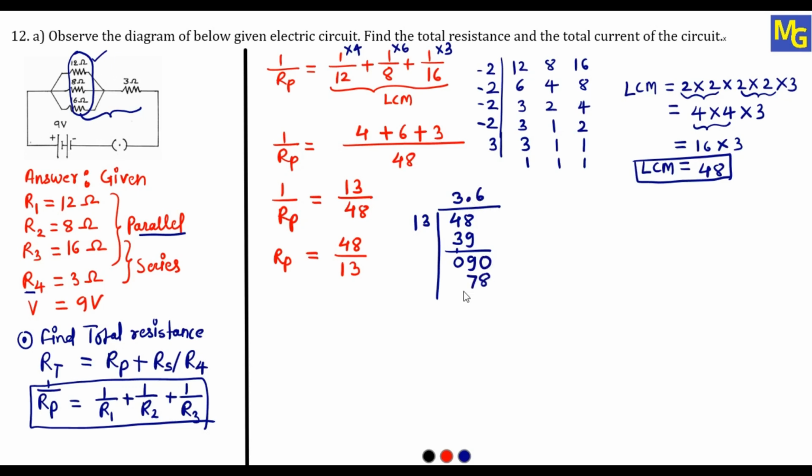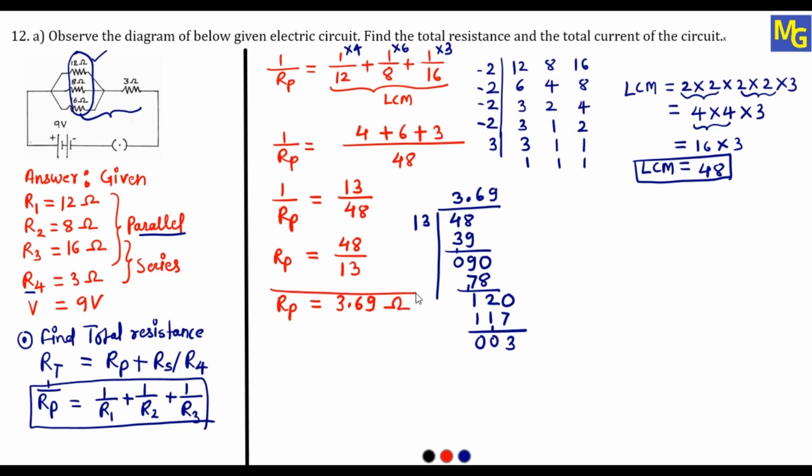So I'll write 78. Then here I'm going to get 12. Another 0 I'll take. 13 nines are 117. So what am I going to get here? 3. Here it is 0 and then 0 and it continues. So we will stop our calculation here. So I am going to get the RP value as 3.69 and the unit is ohm.